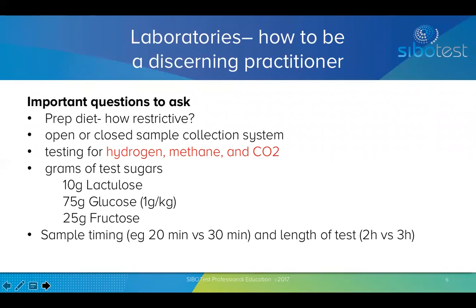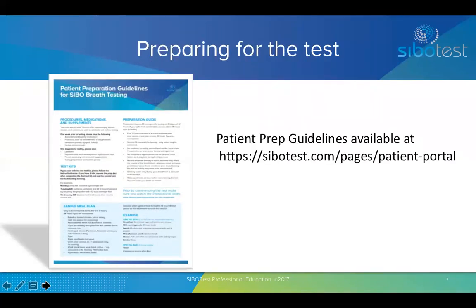So preparing for the test, these are guidelines that you're welcome to download from SIBO-Test, and also use, you can give that to your patient even if they're using other test guidelines from labs. We've looked at all different types of testing preparation guidelines, and they range from very, very restricted to not at all restricted.